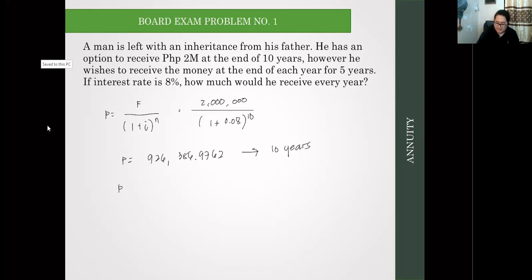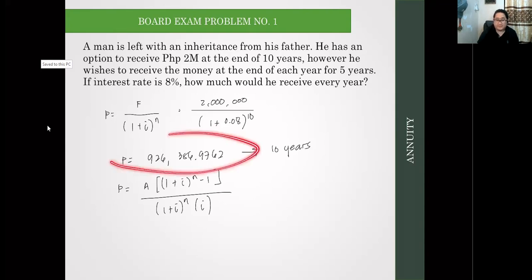So, yung formula natin for amortization na 1 plus I raised to N minus 1 all over 1 plus I raised to N times yung I natin. Okay? Ang hinahanap natin dito is yung amortization payment natin na A. Okay? So, supposedly, ito yung matatanggap niya.